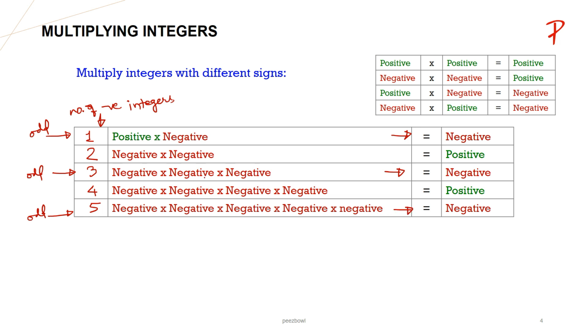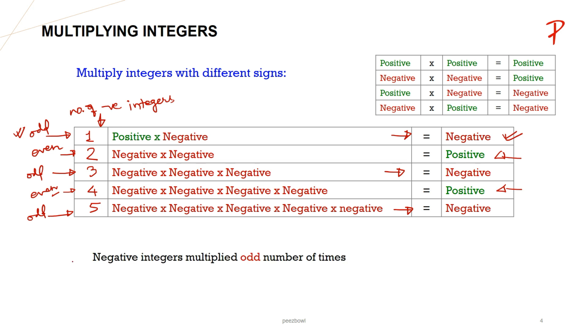Can we say that whenever odd number of negative integers are multiplied, then the result of the multiplication is a negative integer, right? And here 2 is even number, 4 is even number, right? So whenever even number of negative integers are multiplied, then we get a positive integer as result, right?